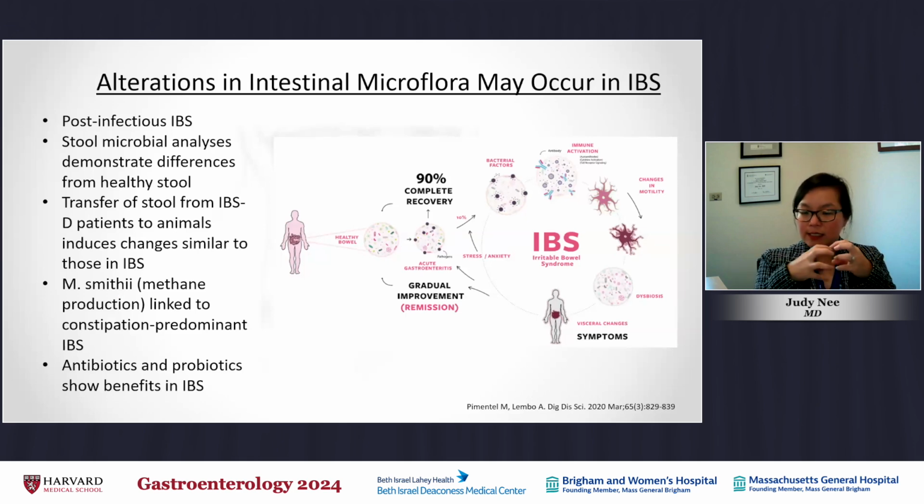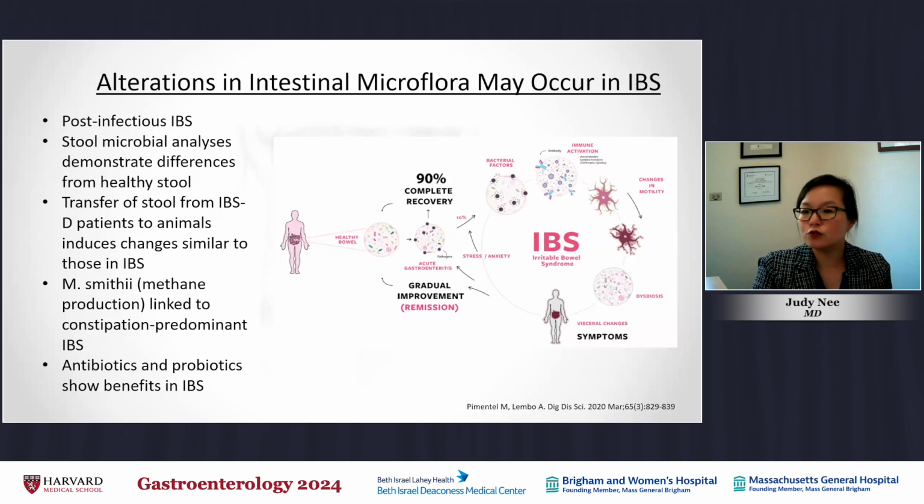The idea and the link between changes to the intestinal microflora and IBS has been well laid out, right? We know that there's post-infectious IBS, that in all of these stool analyses that have been done, they do show a difference in the microbial composition between healthy controls and IBS, typically having to do with diversity.